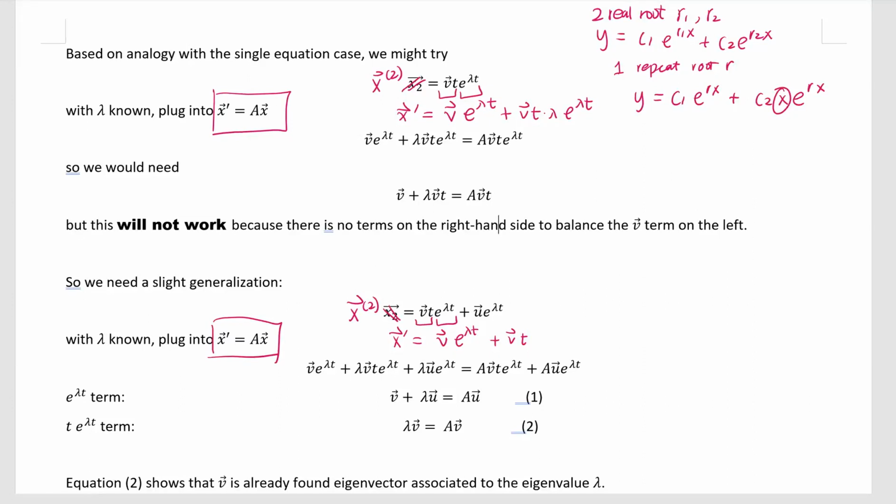Since u is constant, we put it down, and the derivative of e to the lambda t is lambda e to the lambda t. So plug this on the left hand side. And the right hand side, we have A times x, so A times vt e to the lambda t plus A times u e to the lambda t. Now let's match the terms.